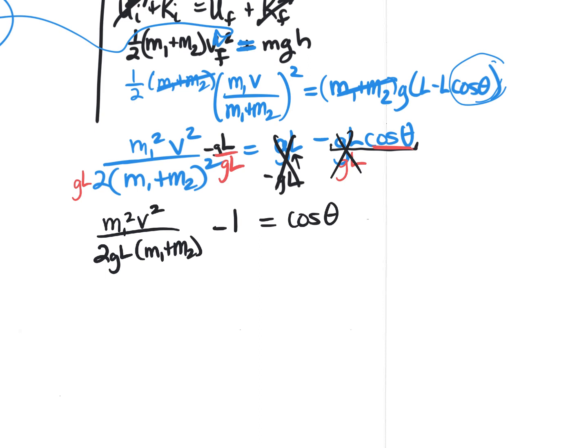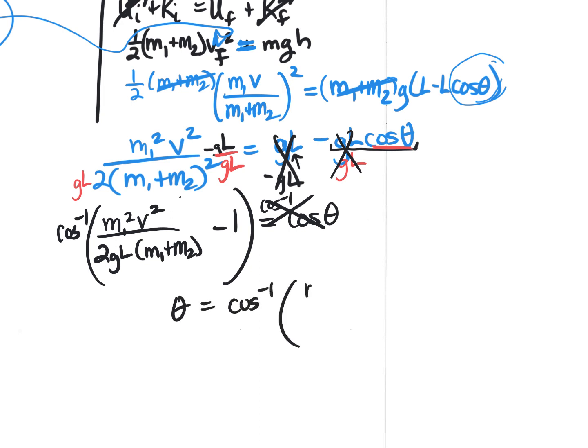Guys, look at your calculators. What's directly above the cosine button? Inverse cosine. Isn't that what brings the angle out? So we simply have to do the inverse cosine. So theta is equal to the inverse cosine of m1 squared v squared over 2gL (m1 plus m2) squared, minus 1. Okay?